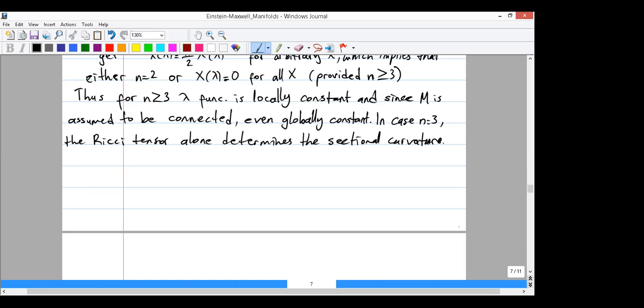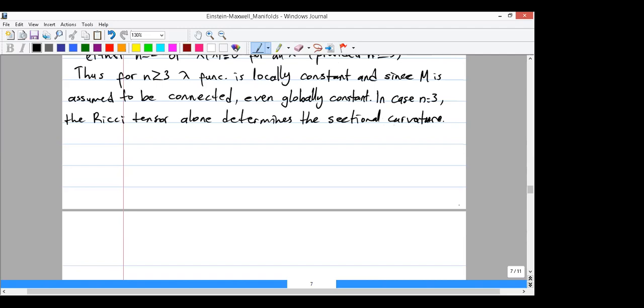And let's take an orthonormal basis, which is e1, e2, e3.